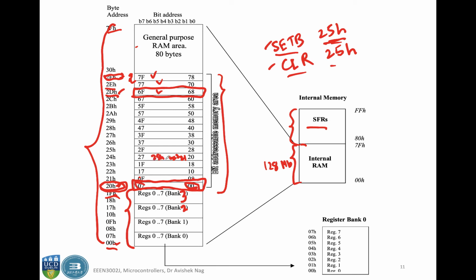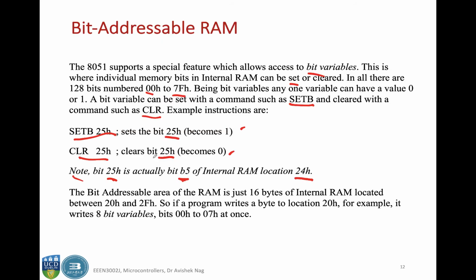So this is basically the bit B5 of the bit addressable area 24H. This is what I was saying in this note: bit 25H is actually bit B5 of internal RAM location 24H. This is something you should remember and not get confused.